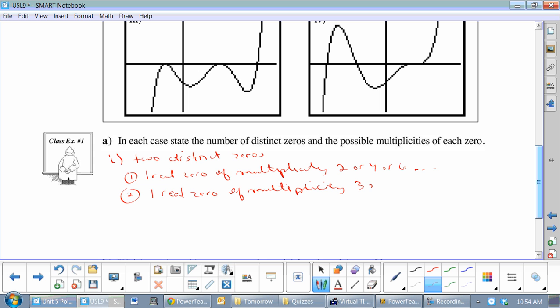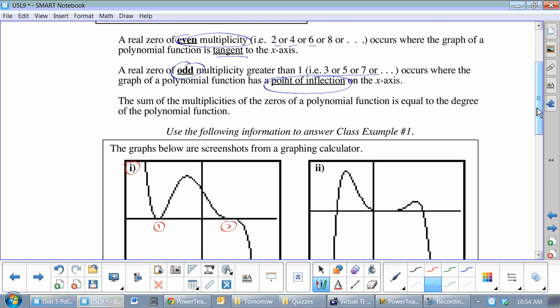Right, 3 or 5 or 7, ... Can it be 1? So we don't want to say of odd multiplicity because would that not be wrong? Okay, so see how this one says odd multiplicity greater than 1? So this is very specific that it must be greater than 1 because 1 is straight through, right?